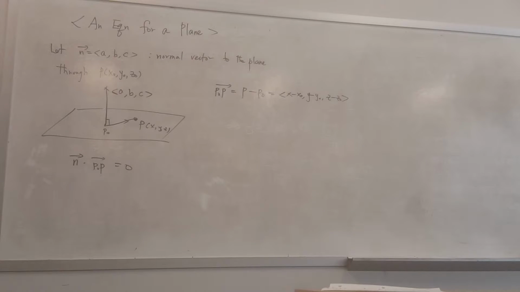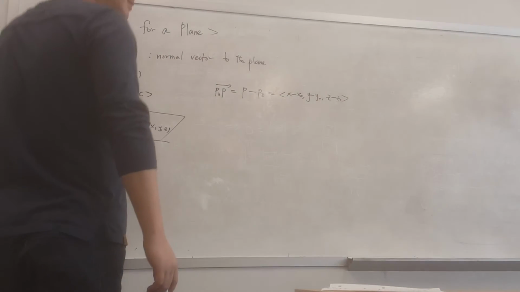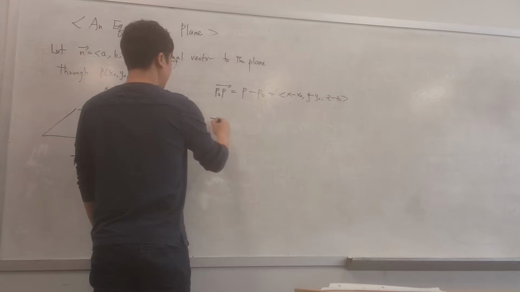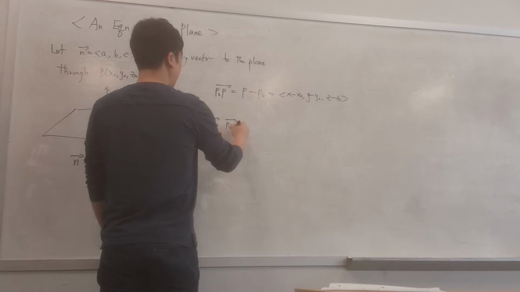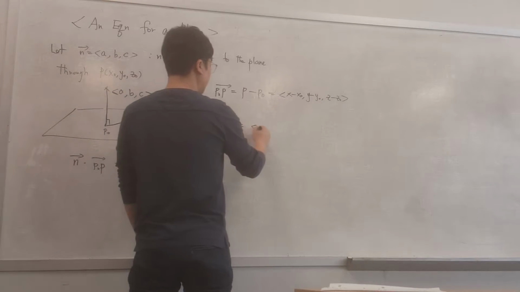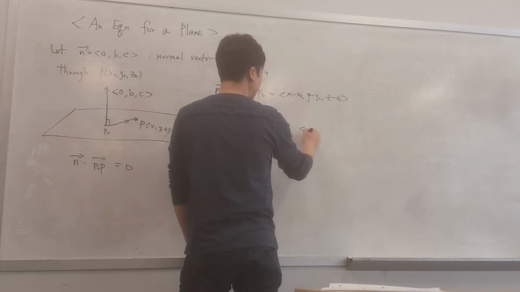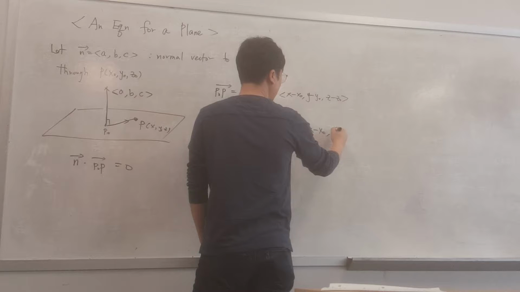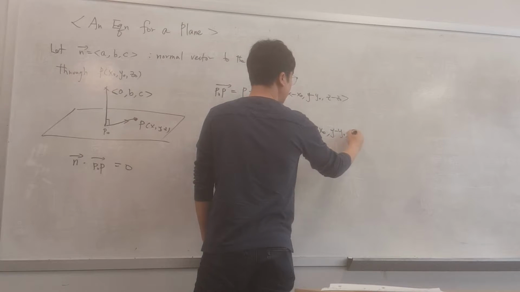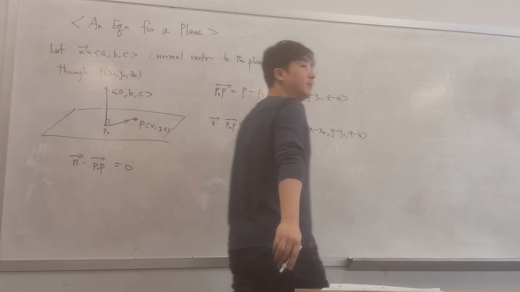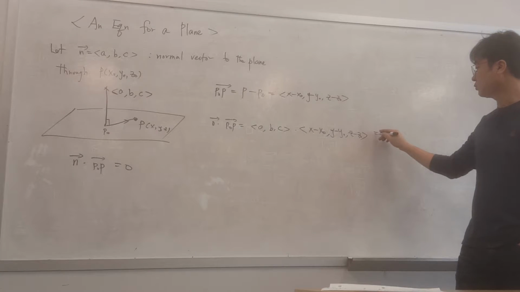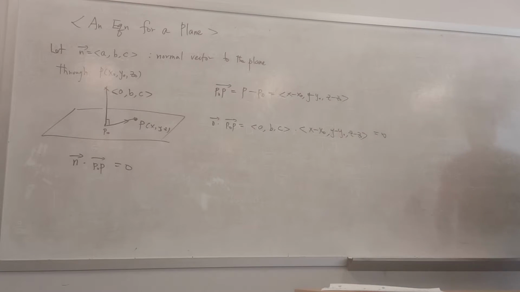So now we're going to apply the dot product. So n dot P dot P vector is now A, B, C vector, taken dot with x minus x dot, y minus y dot, and g minus g dot vector. But the dot product must be equal to 0 because they are perpendicular.